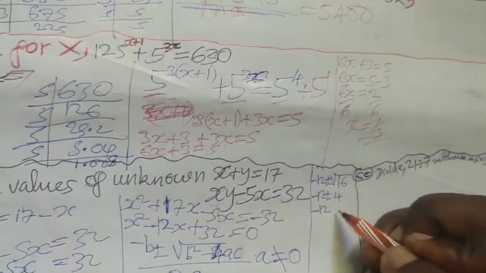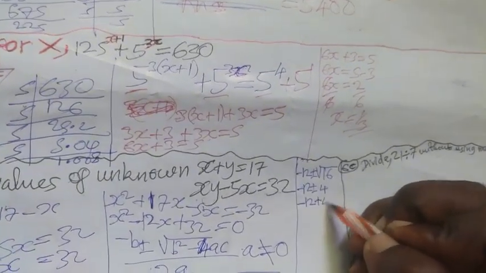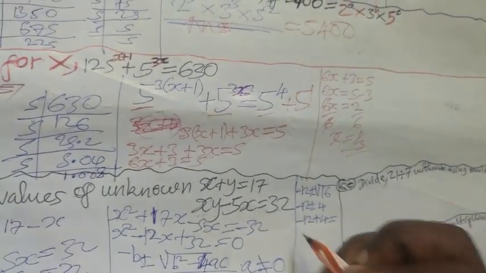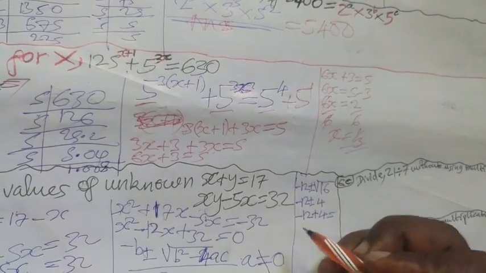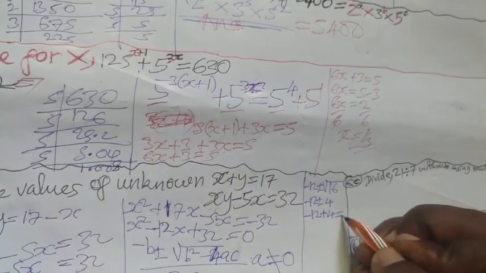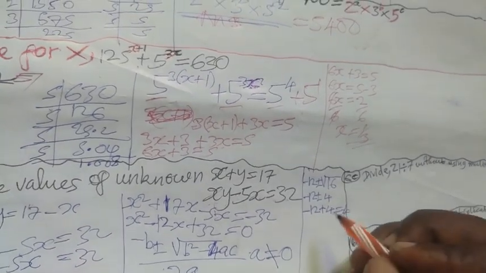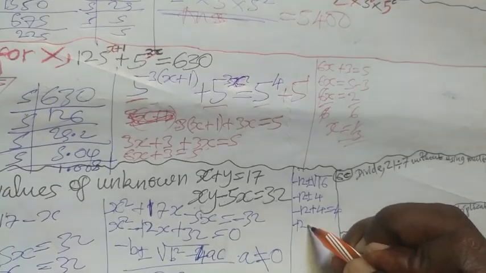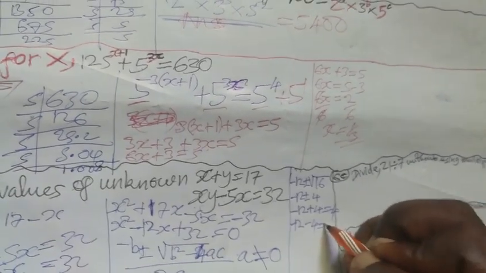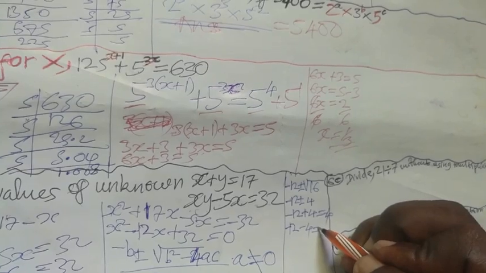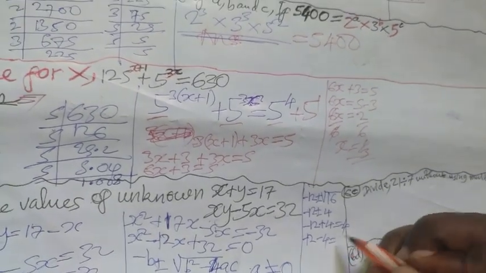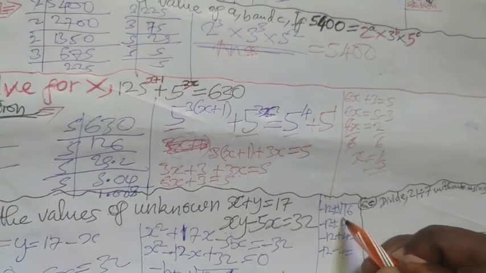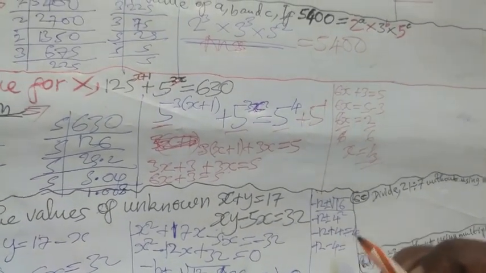Remember, we have divided it all by 2. All is divided by 2 here.